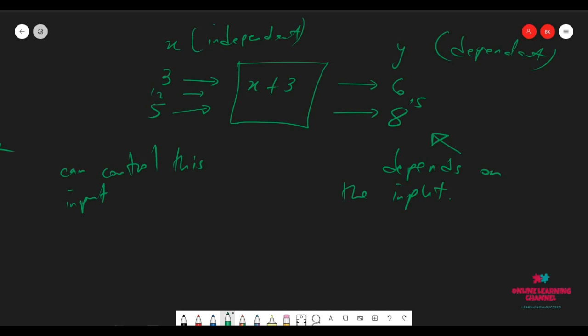For us to get the output that we want, we have to control the independent variable. So we call this our independent variable. This is the one that we can control and change to our liking, and then we call this the dependent variable, which depends on whatever input that we had at first.